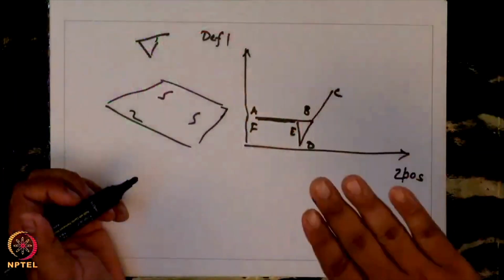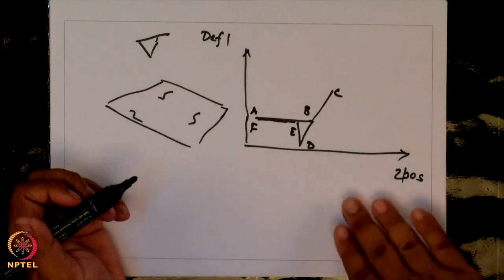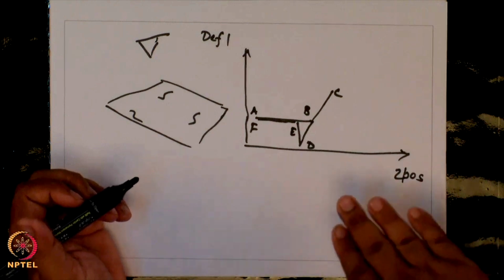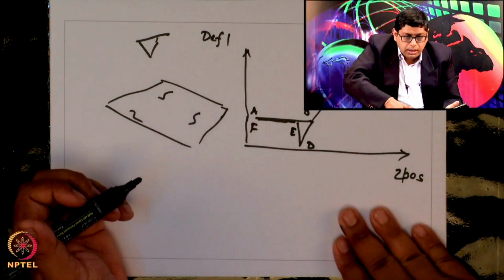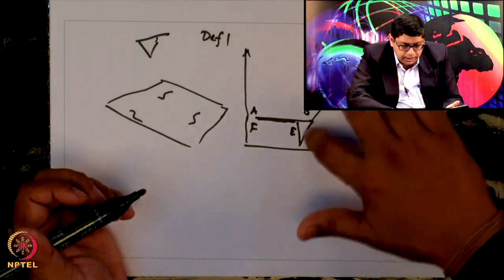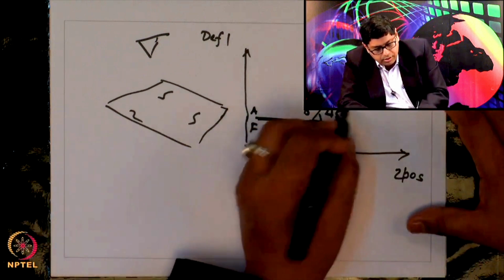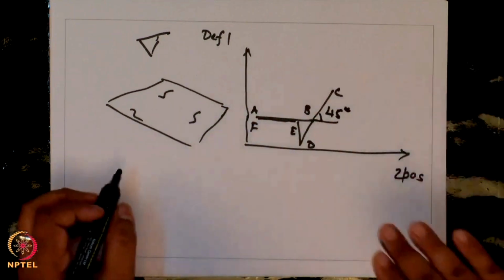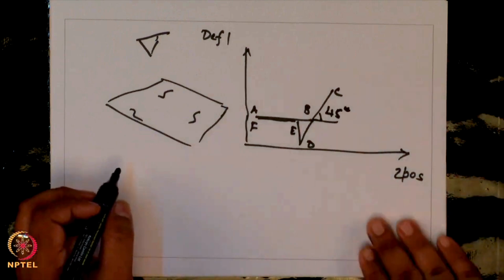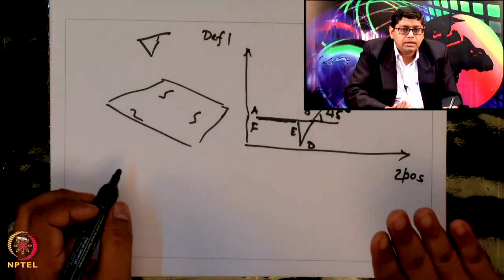You are travelling to this point between A and B, then it touches the surface. Because the surface is stiffer than the tip, when you try to go any further, it is the tip itself which is getting bent. So, you have a straight line, and this line should ideally have a slope of 45 degrees. Why? Because the distance by which you move further is the same distance by which the tip gets deformed.